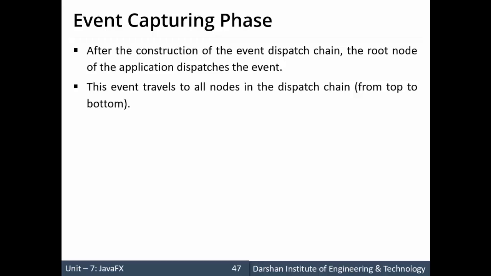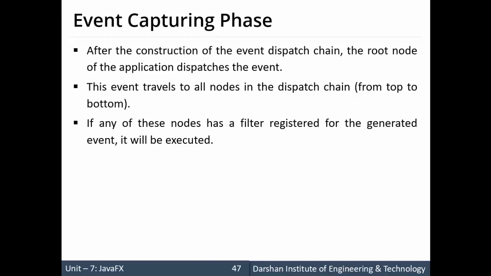So it travels from top to bottom. It goes through the chain, starting from the root node and reaching the bottom, the leaf node. So all the nodes are covered. Wherever the handler is, it will stop at that point. So the route is from top to bottom, from root to leaf. In the event capturing phase, we have filters. If any node has a filter registered, then it will be executed.